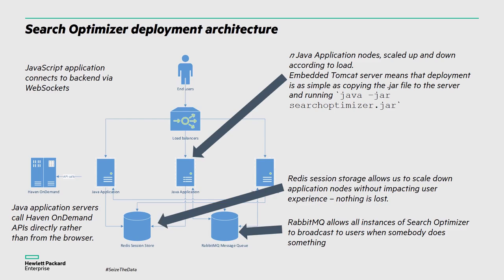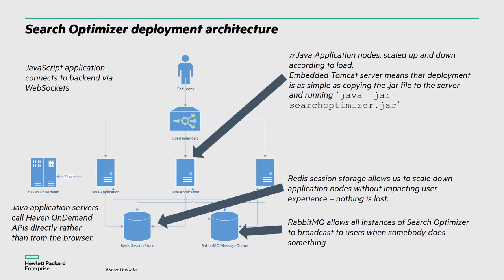The end user communicates through our load balancer tier to a dynamic cluster of Search Optimizer application nodes. We can scale this up or down based on load and demand, which is pretty important for a cloud application.